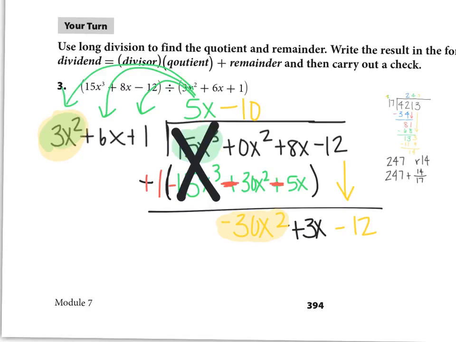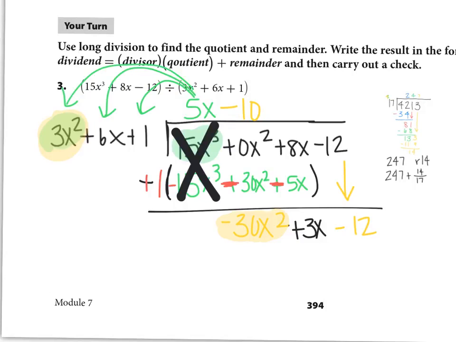Okay? Why is it just negative 10? Because when I multiply negative 10 times 3x squared, that's going to give me negative 30x squared. Exactly. It's not going to give, and I need these to cancel out in a second. That's why we did 5x. Yes, that's why we did 5x, because 5x times 3x squared gave us 15x to the third.